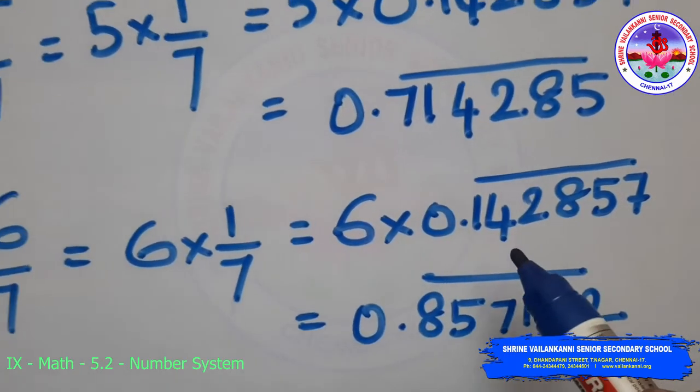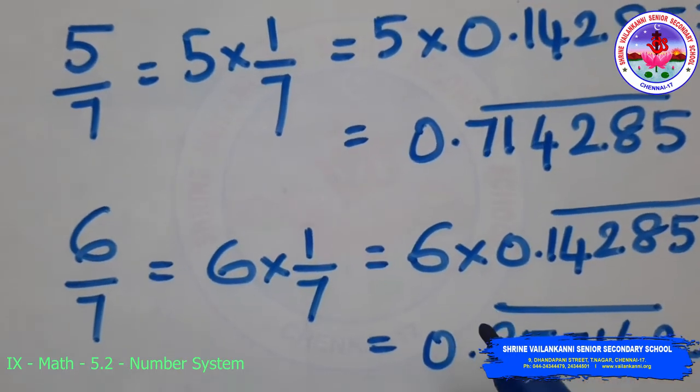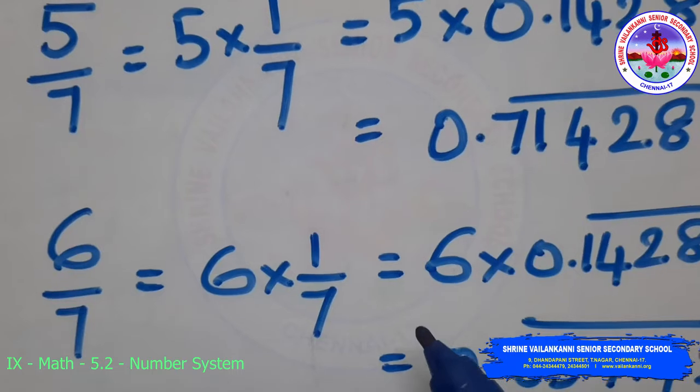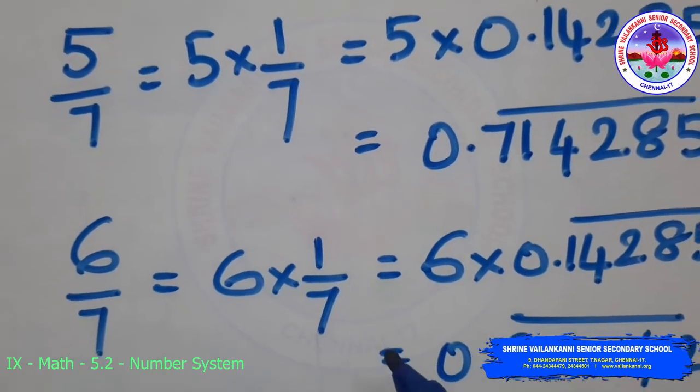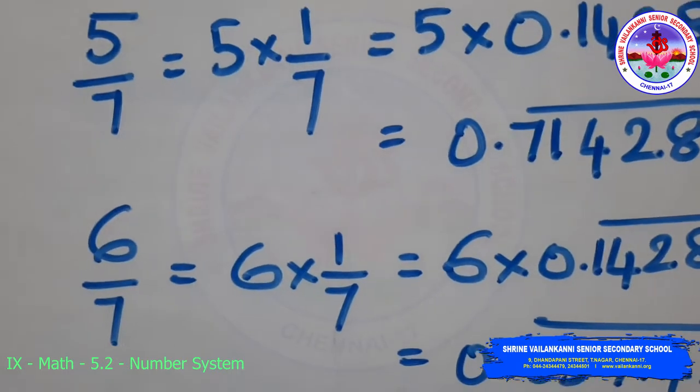So hence I found out the decimal expansion of all these fractions without doing the long division. I have multiplied 1 by 7 with those numbers and found the decimal expansion.